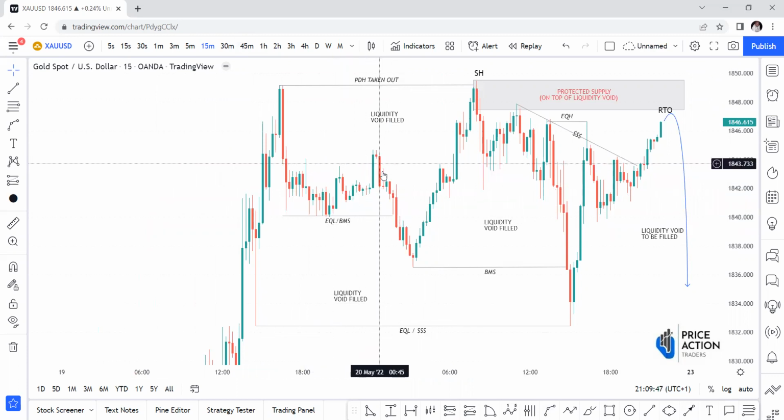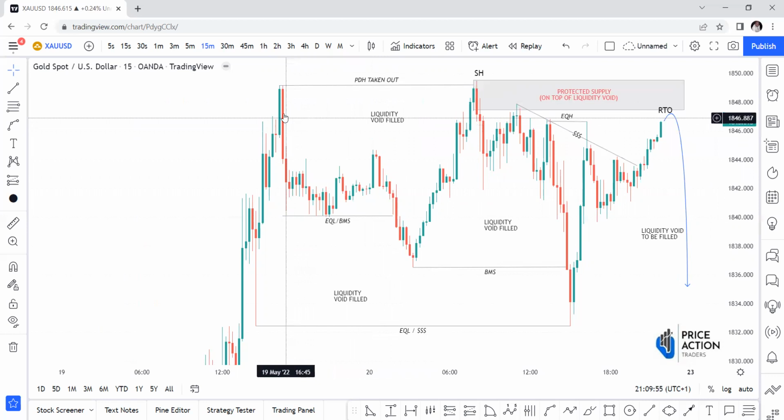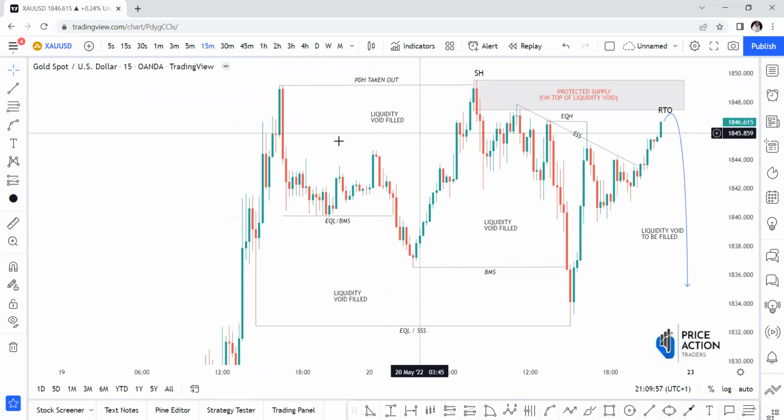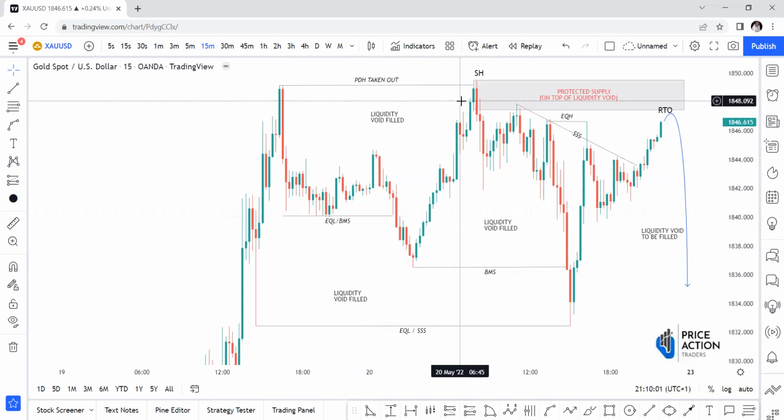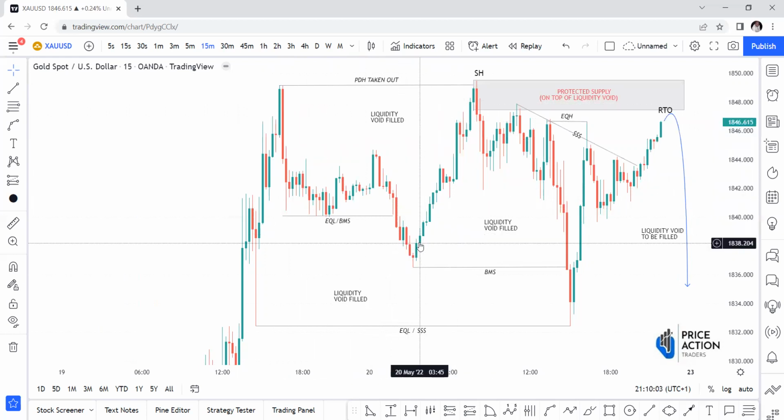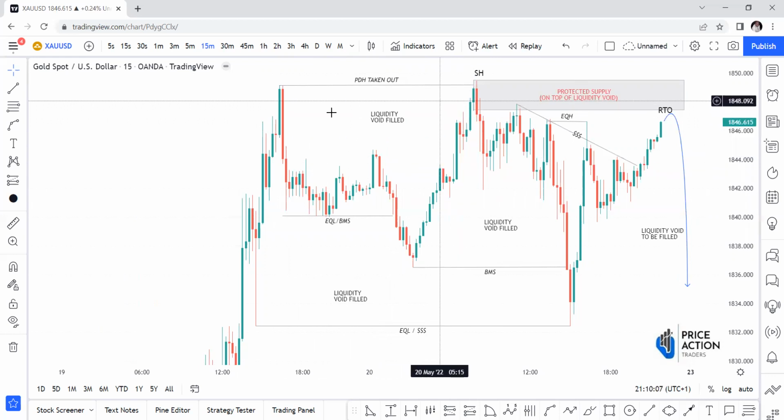This place too is a protected, I would say this place, it's a protected supply rather, but it was responsible for taking out of these lows here. So now you see the likelihood of price trying to come up to it on Friday.